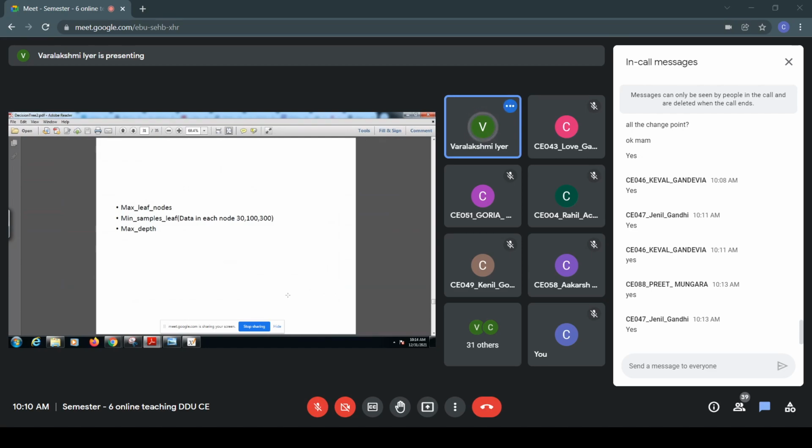For samples per leaf, you set that if the number of data samples in a particular leaf node is 30, it should be beyond 30 in order to perform the split. If it is not beyond 30, then you do not split the data set further. And you also set the max depth, that is, the maximum depth of the tree should be 3, so beyond that the tree should not be split. So it will create a less complex decision tree, and it will try to avoid overfitting.